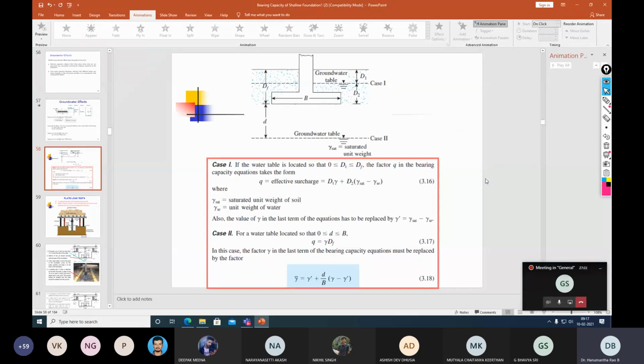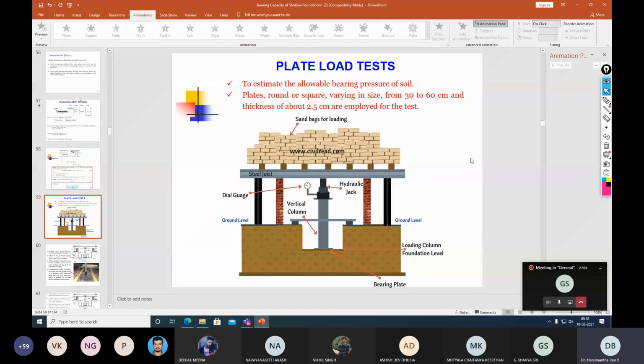Any questions? Okay. So that's the effect of the groundwater.